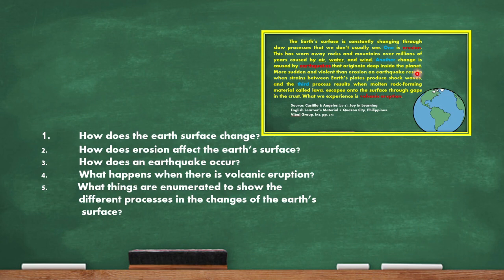When we say enumerated, given one by one. One, erosion. Another, earthquakes. Third, volcanic eruption. So the signal words that have been used in this example, let's highlight. They are already colored.